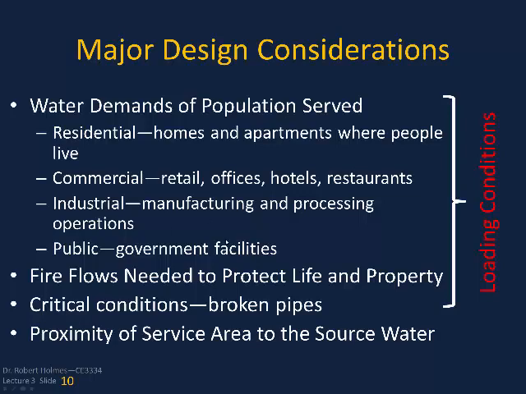And then we've got public water demands based on government facilities. And then on top of that, you've got fire flows needed to protect life and property. So if you get a major fire, you've got to be able to accommodate that needed fire flow to put water on the scene of the fire.